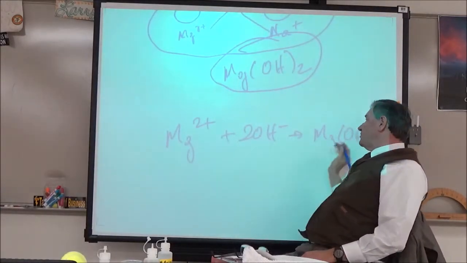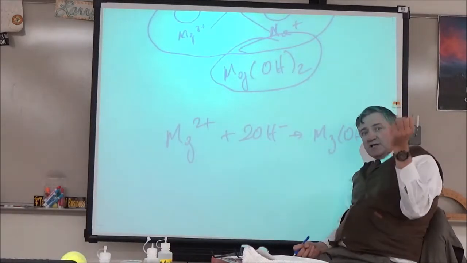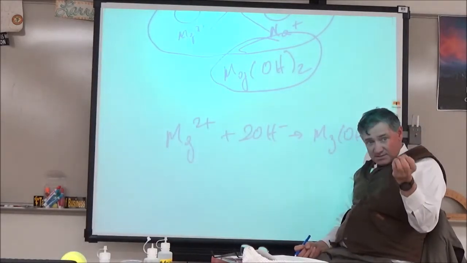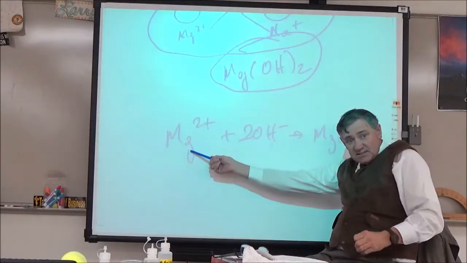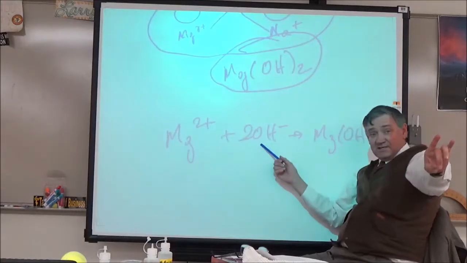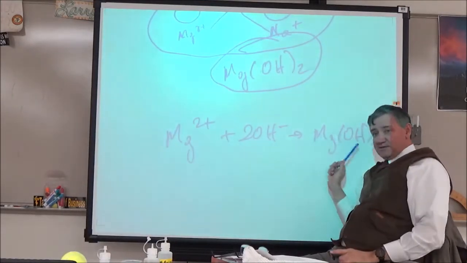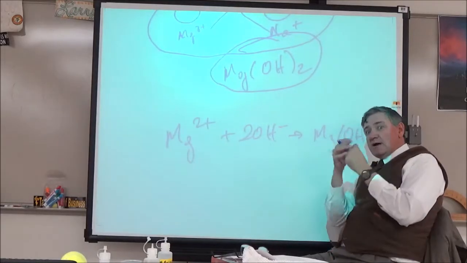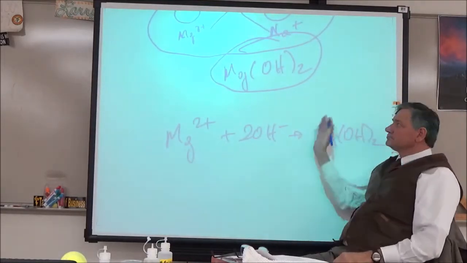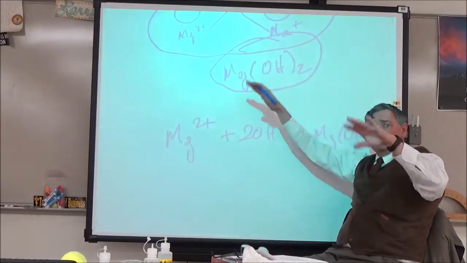The reason this forms a precipitate is that this fundamentally changes the nature of how these ions exist. This existed attached to a water molecule. This existed attached to a water molecule. This changes because now these are bound together. The nitrates and the sodiums, they're still hooked up with water molecules and never change.